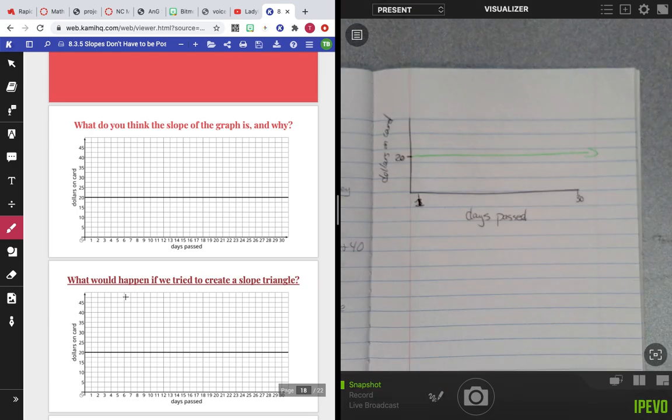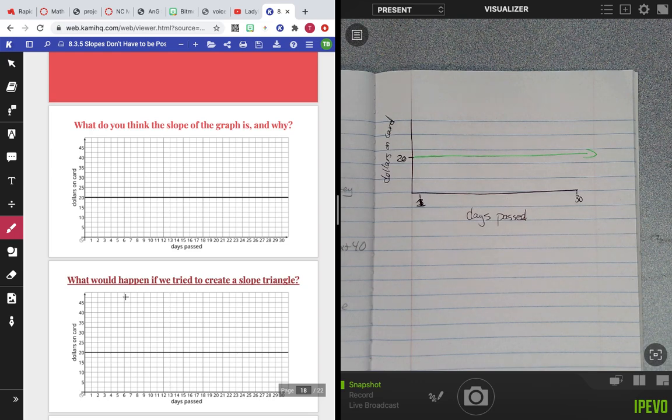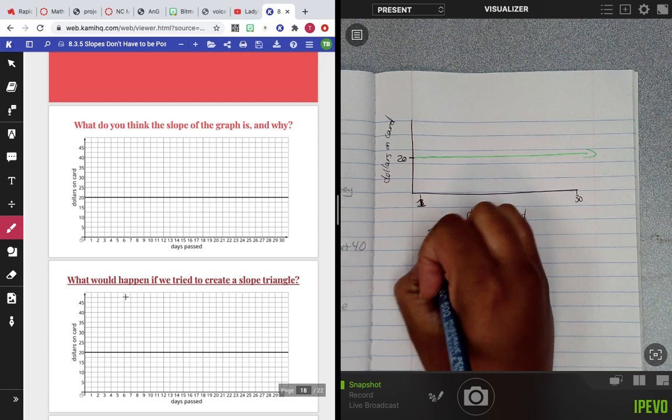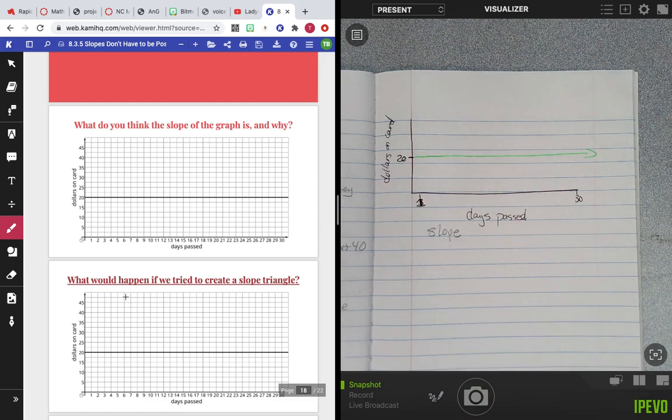And our question is, what do you think the slope is and why? So my slope here, if I go back and review the 4 types of slopes that we looked at, I know that this is a horizontal line, and lines that are horizontal have a 0 slope.